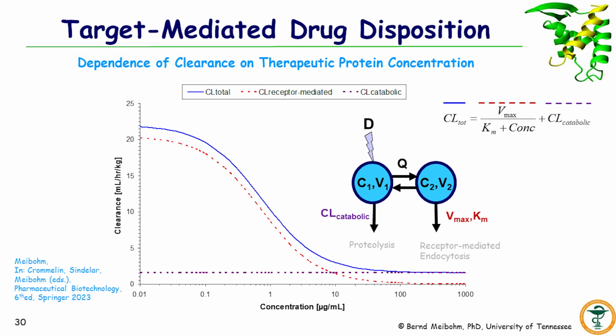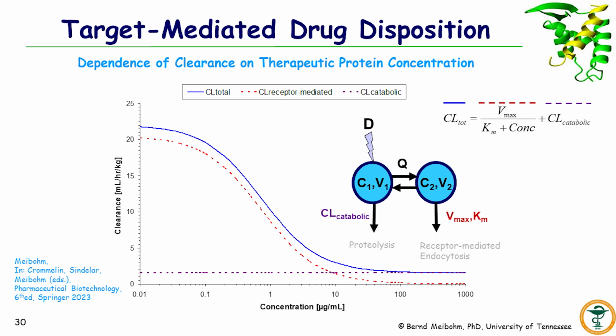Now again, I use a simple two-compartment pharmacokinetic model with two parallel elimination pathways, one through unspecific proteolytic degradation, that's non-saturable, or what I call a catabolic clearance, and then a second one that's receptor-mediated. And the receptor-mediated process can be conceptualized in a variety of different ways.